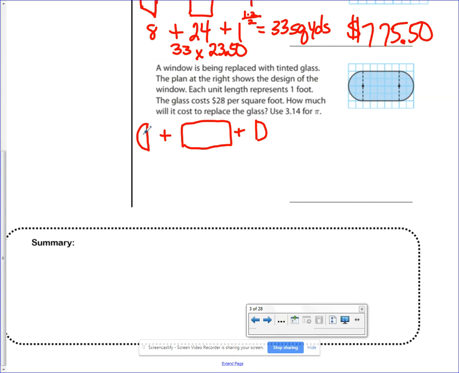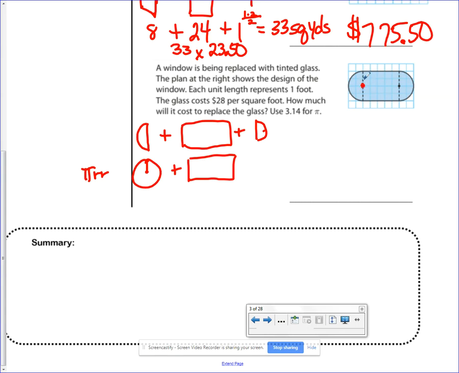Take a look here. This half circle and this half circle, frankly, will come together to be one whole circle plus the rectangle. So we can find the area of this circle if we remember that area is pi times radius times radius. So let's figure out the radius of this circle.